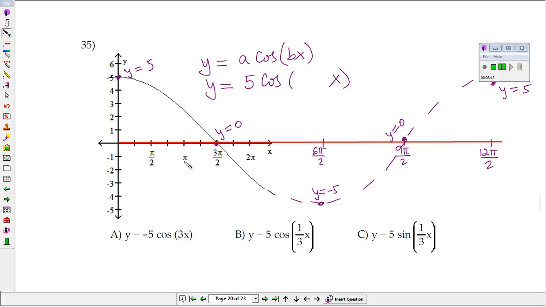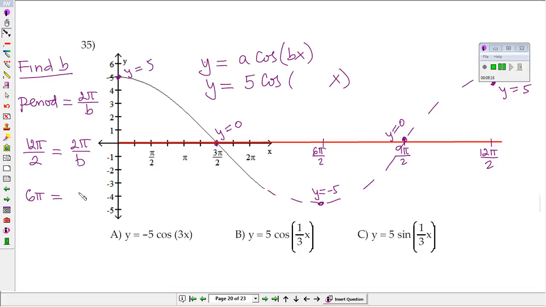Now we have to find b. To find b, we use the formula period equals 2 pi divided by b. The period in this case is 12 pi over 2, which reduces to 6 pi, so 6 pi equals 2 pi over b.